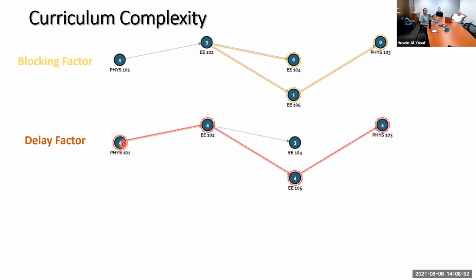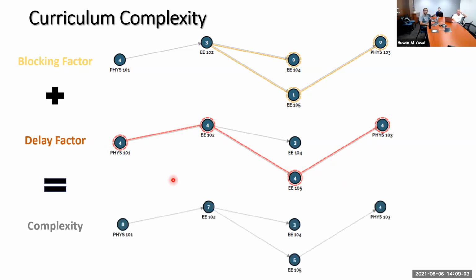So for physics, you have to take 101, then 102, then 105, then 103. This long path is the delay factor. Complexity is the summation of these two, and the complexity of the whole curriculum is the summation of the complexity of each course.